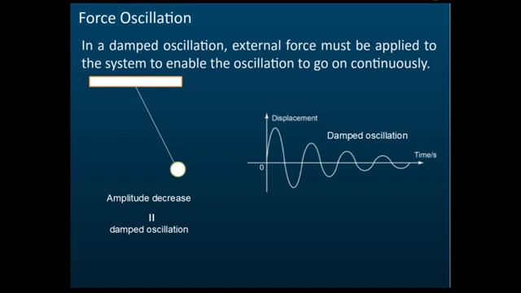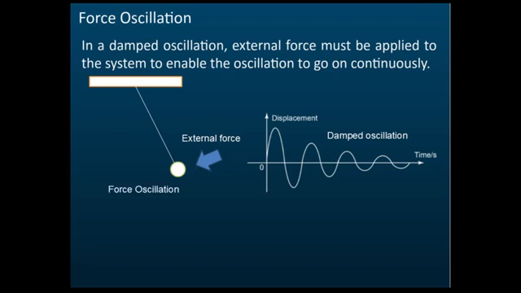Finally it will stop, okay? But if you don't want it to stop, then you must give a force. An external force must be given to the system to help it oscillate continuously. And if an external force is given, then that is called forced oscillations.